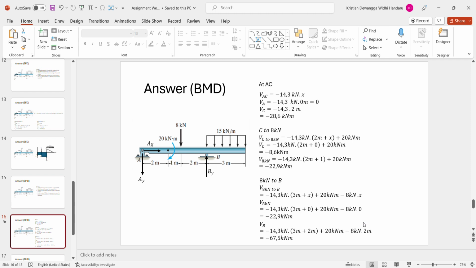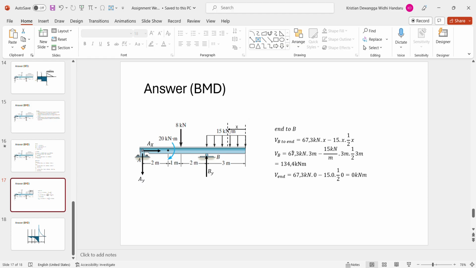VB equals minus 14.3 kilonewton multiplied by 3 meter plus 2 meters plus 20 kilonewton meter minus 8 kilonewton multiplied by 2 meters equals minus 67.5 kilonewton meter.